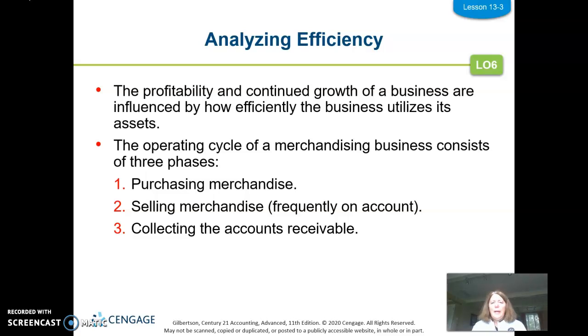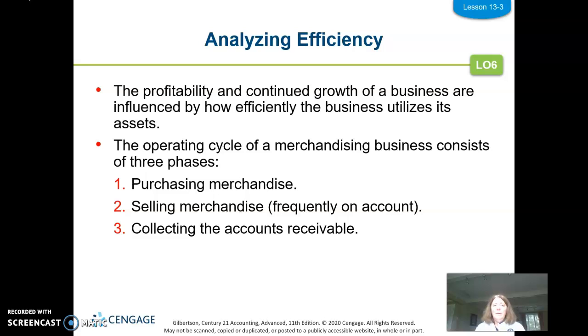So first is analyzing efficiency, and we have to utilize our assets well in order to drive growth and profitability for a business. And in a merchandising business, there are really 3 things that happen usually. We purchase merchandise, we sell merchandise, sometimes on account, sometimes for cash.